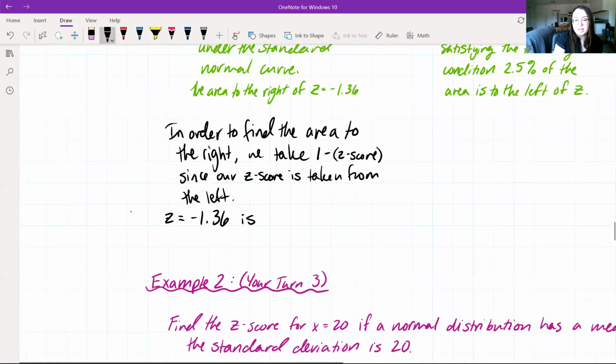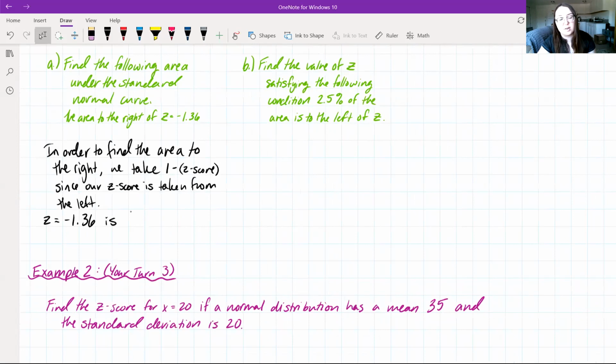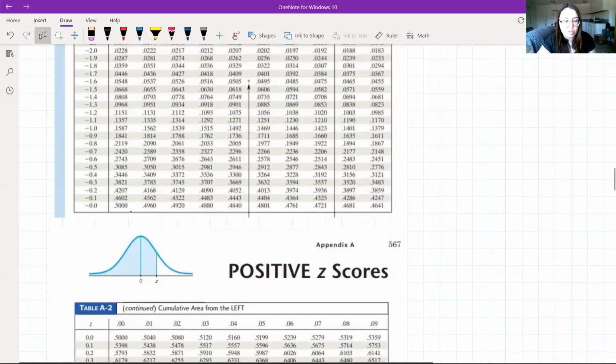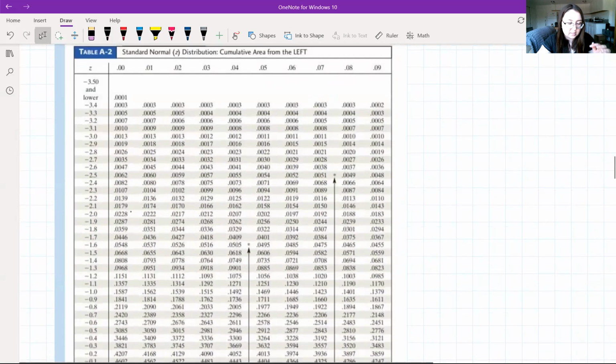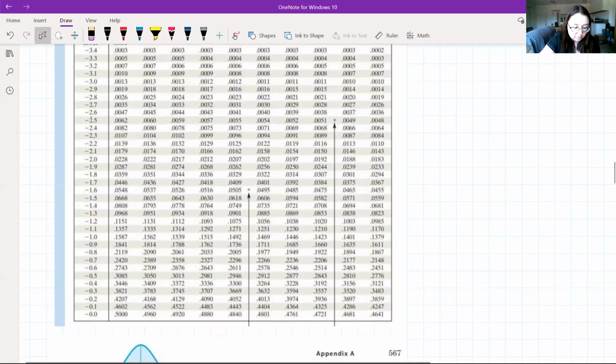and now we want to find the area under the curve. So let's go to our list, and we had negative 1.36. Looking at our list, I will track for us. We have our value z, starting at negative 3.5. We see it's increasing. We want to go all the way down until we see negative 1.3. So we found negative 1.3. Let's highlight the row.